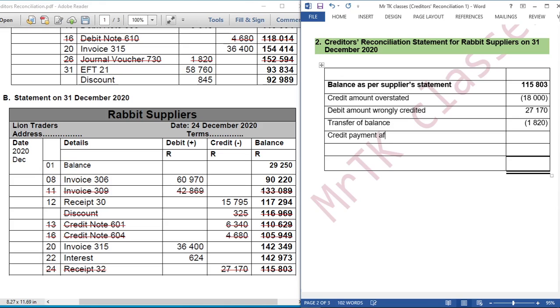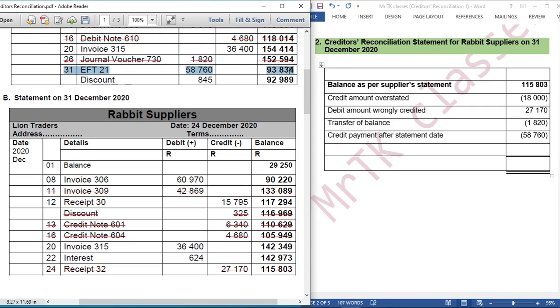When you are crediting, we are reducing, so it should be a negative of 58,760.